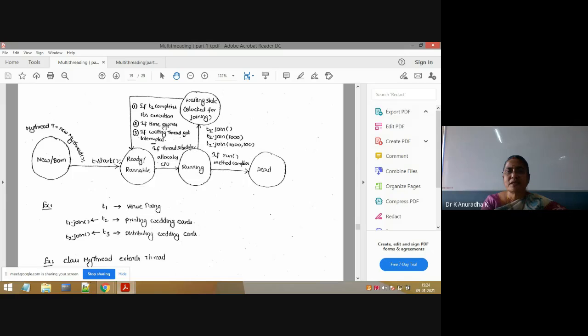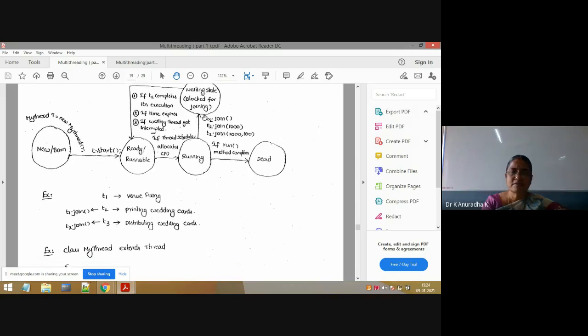Or if the waiting thread gets interrupted. T1 is in the waiting state, and if this thread gets interrupted using one more method, the interrupt method, in that case also T1 will go from the waiting state to the ready state. T2 is in the running state, T1 is in the waiting state, when you write T2.join in the thread T1.